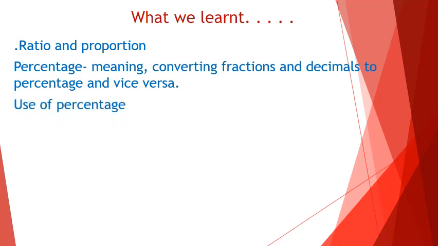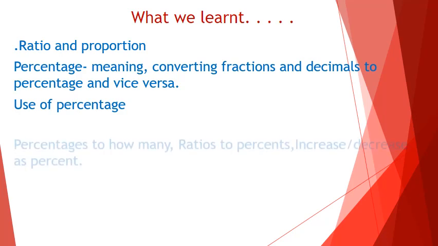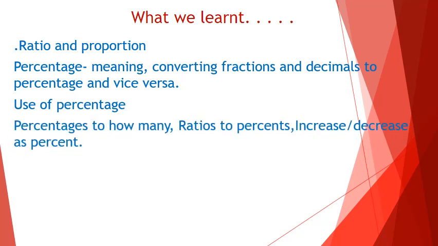Next we discussed uses of percentage: how to find how many, ratios to percents, and increase or decrease as percent. All that we have discussed. Do you remember the formula for increase or decrease percentage? Yes, change in amount upon original amount into 100 will give the increase percentage.